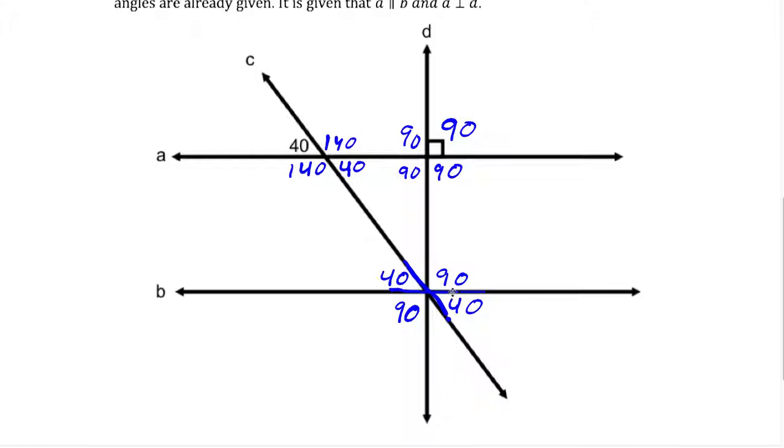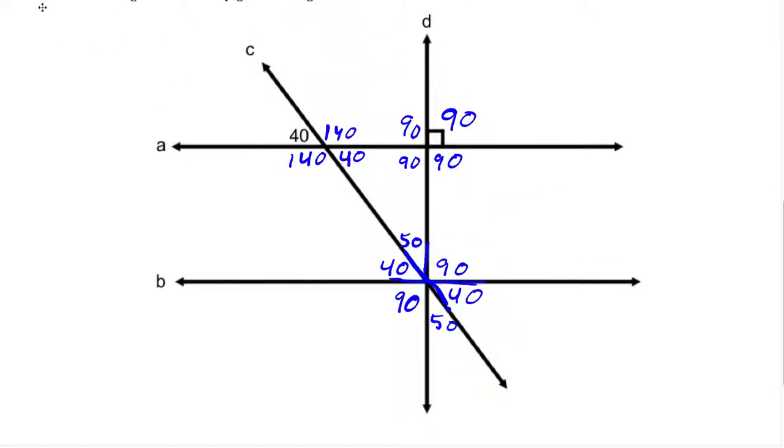Now a straight line is 180 degrees, so if we have 40 plus 90, which is 130, we must have 50 degrees to get to 180. And again, looking at vertical angles, we get this to be 50. So I think a lot of people did well with this question, but just make sure that you can follow through and take each angle one at a time and look for vertical angles and corresponding angles, as those are the most important.